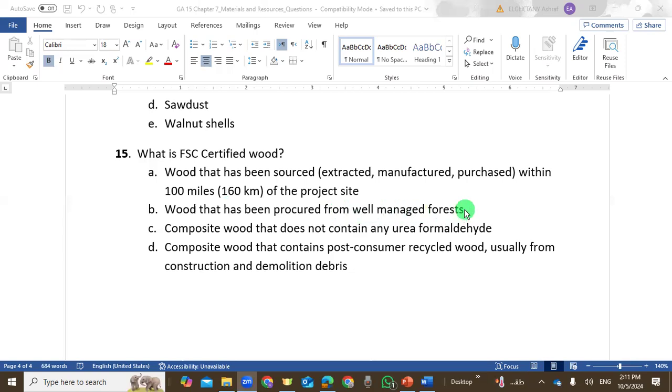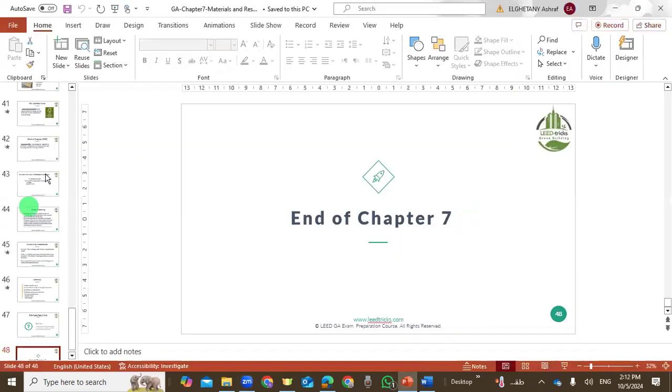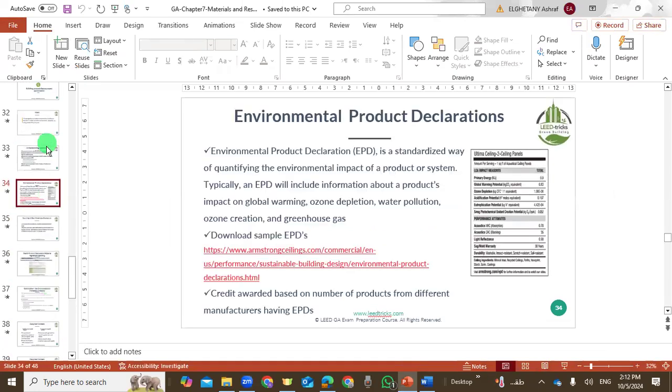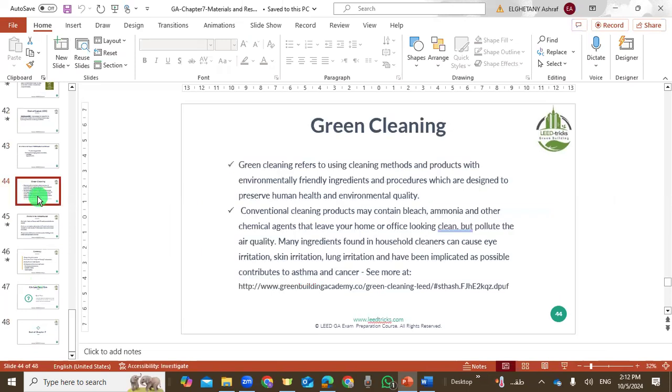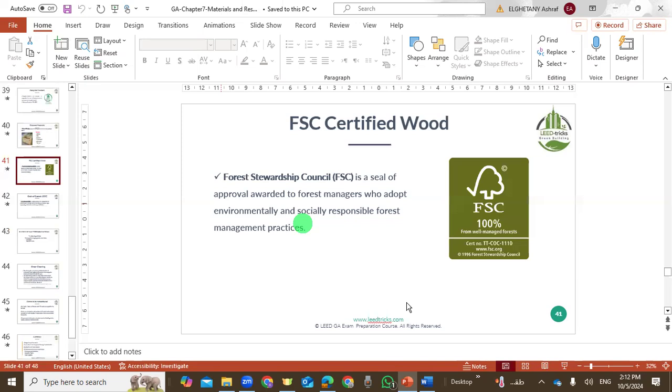Actually, yes. Why? I don't need to read the others. Because in the exam, if you find something you are very sure is the answer, no need to read the others because you're wasting your time. If you remember, I will show you something very interesting. Where is the FSC? See this badge? See what is written here?